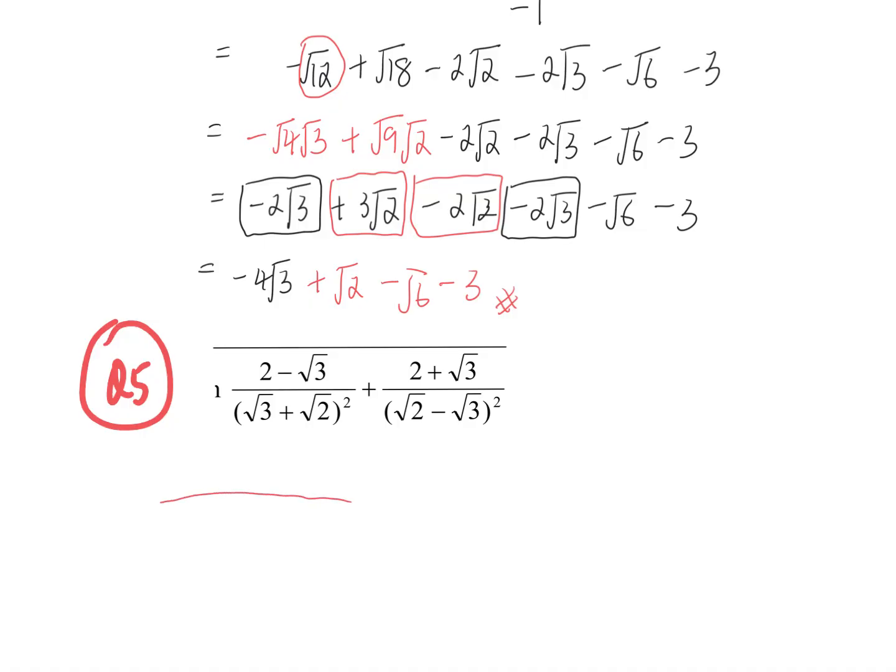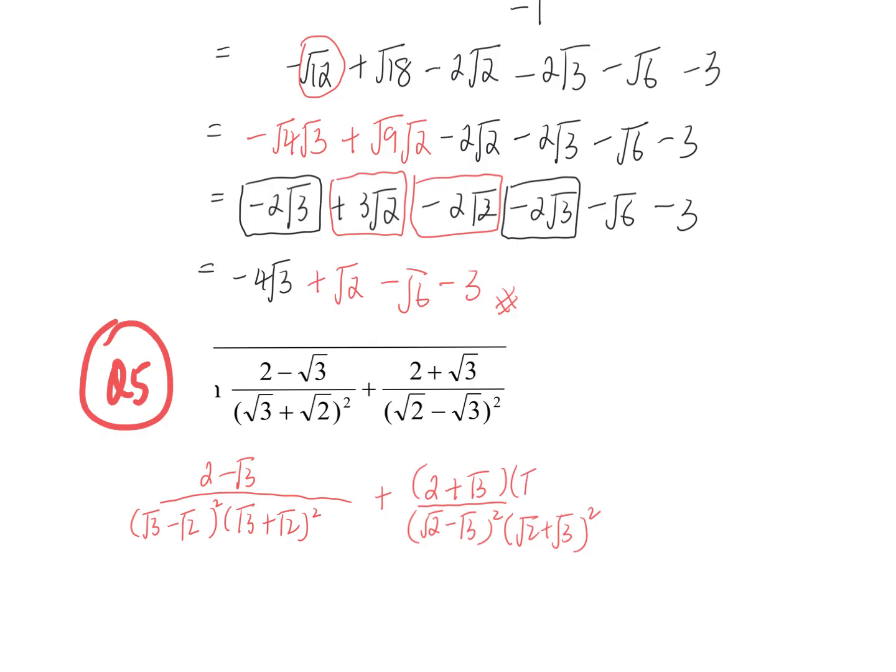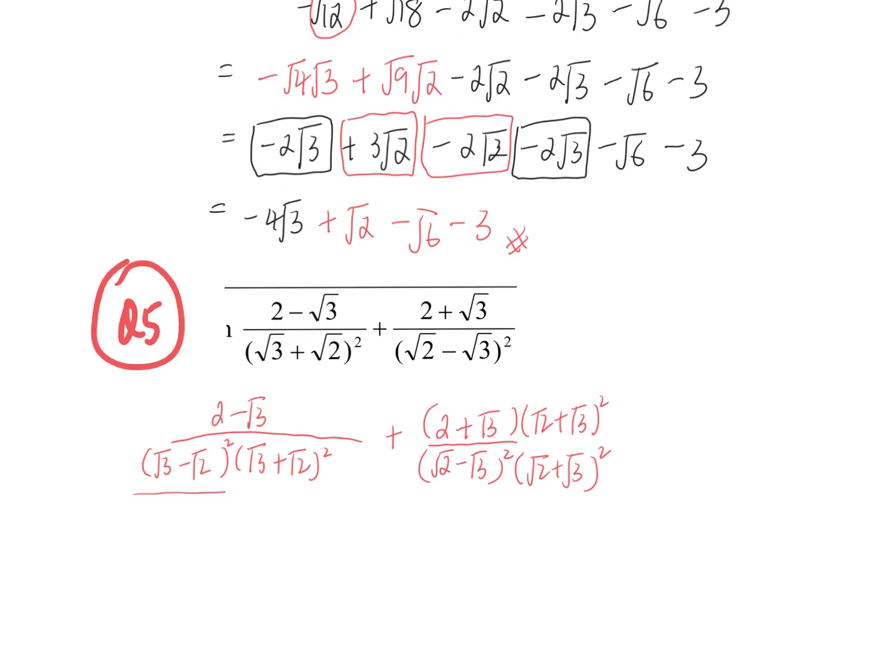So for the first expression, you can put in your root 3 minus root 2 square. And then for the second expression, you put in the opposite. So can you see at the bottom, both of them share the same denominator.